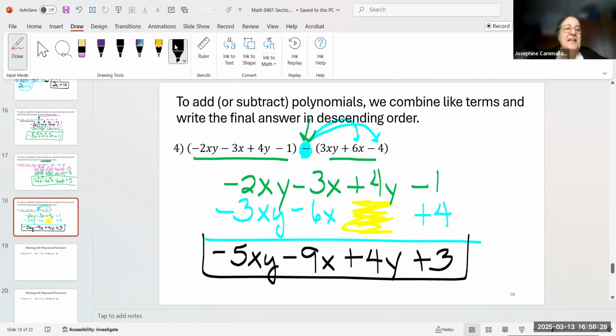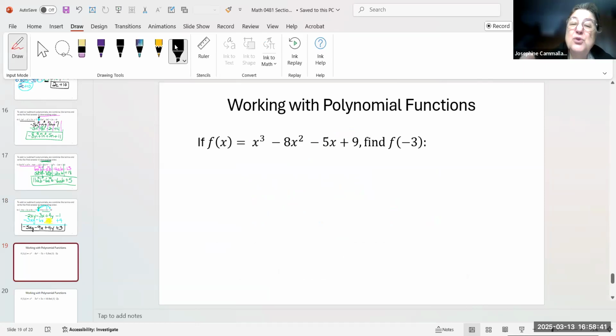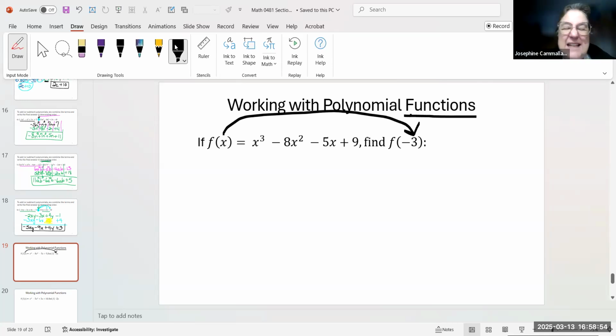Now, this next part is just a different way of evaluating. Now, these last 2 slides are asking you to use functions. Now, I want to tell you something. This x that's behind the f, that does not mean that it's f times x.